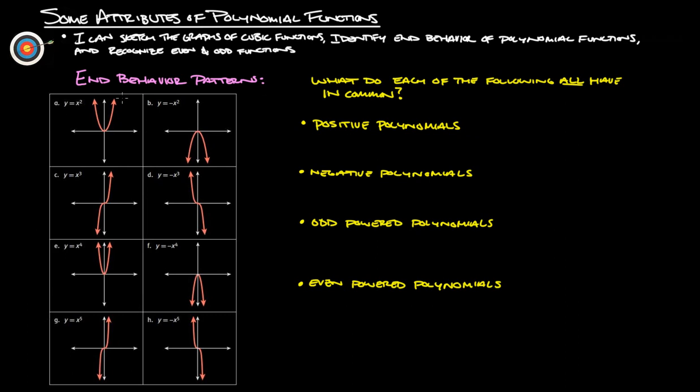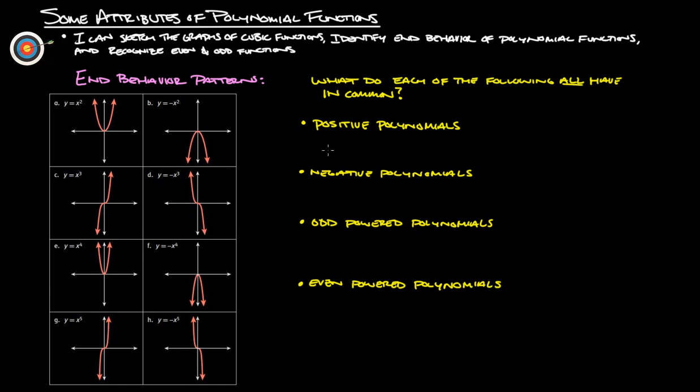All of these here, these both end up going towards positive infinity, both sides. So do these, but these here don't. But the big thing they all have is, if you look on the right side here, all of these end up going towards positive infinity.